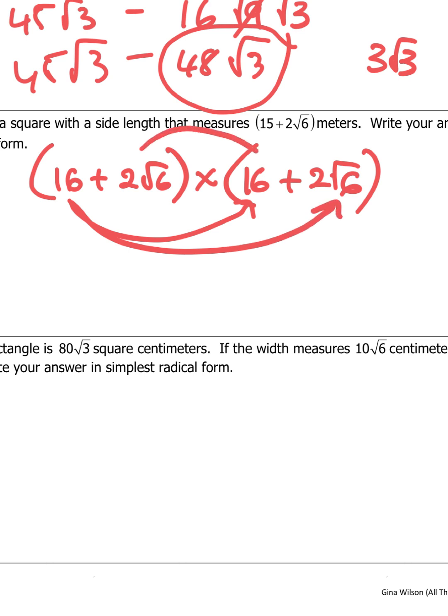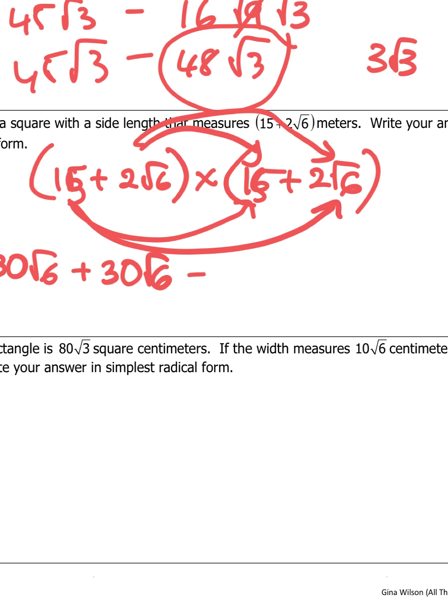Okay, and multiply and add them up. Okay, so 15 times 15 will be 225. Okay, so 15 times 2 will be 30 square root 6. And then we have 30 square root 6.